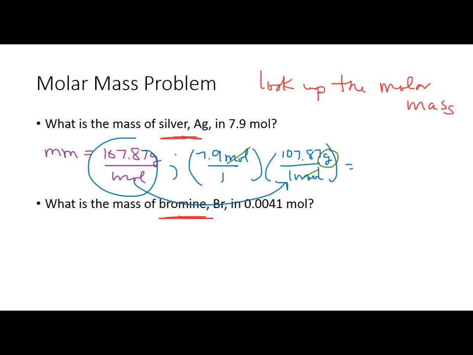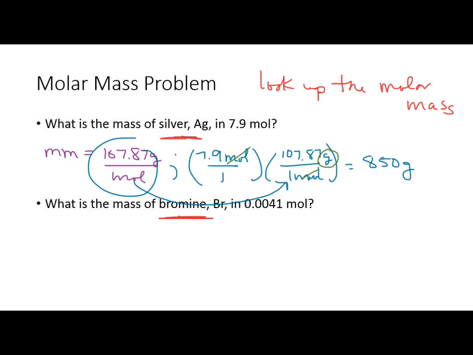I got, yeah, this is grams, right? I got, with 2 significant figures, 850. 850 grams. And if you put more digits, that would be fine. But actually, that's right. Okay? Let's do the next one.